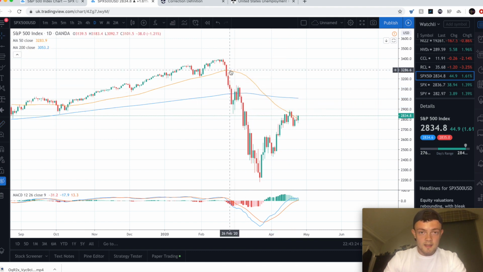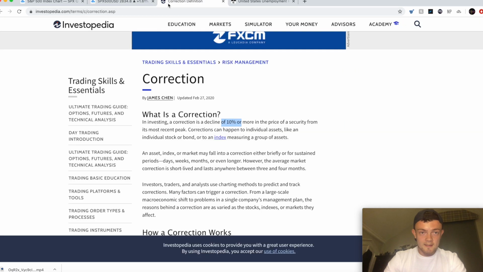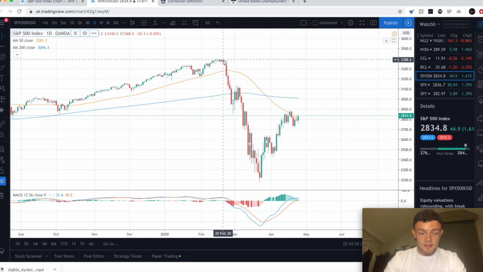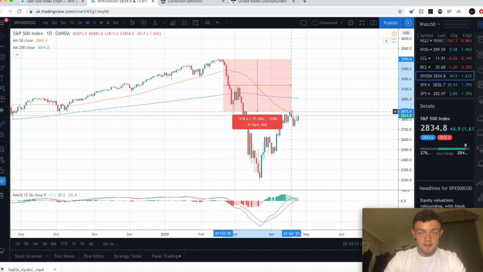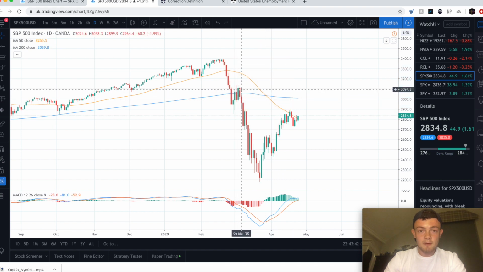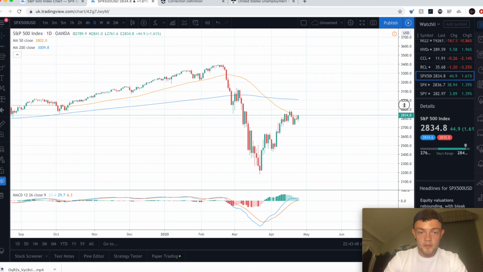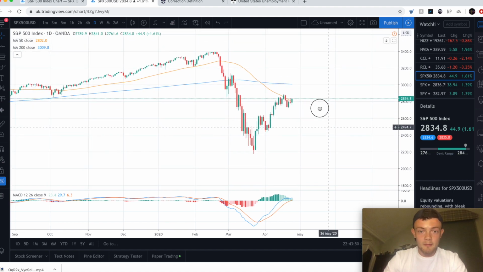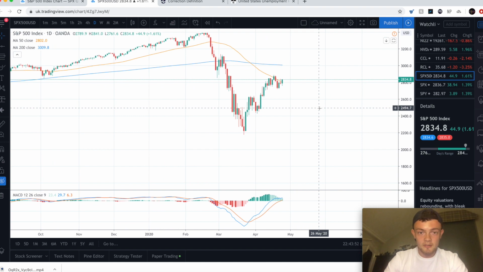And now, if you take into consideration this correction of 10%, do the maths. You have a 15% decrease with a correction on top of that. That is 15 minus 10. That means that we are, in real terms, only down 5% from this overall coronavirus pandemic, which is ridiculous in my opinion.